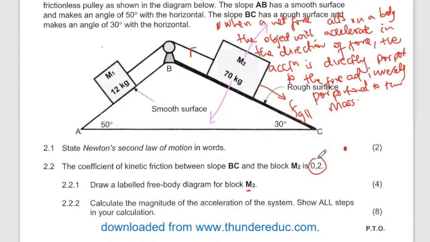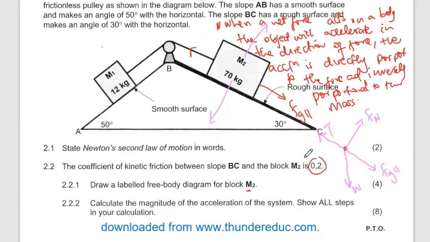So what I'll do, I'll say this is my F normal. This is my FG parallel. And that is my tension. And then this is going to be the weight. I'm going to put the FG perpendicular.